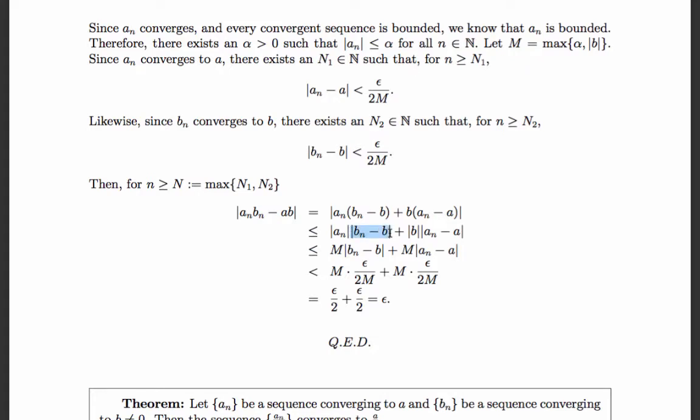Now, I know that this term here is less than or equal to epsilon over 2M, and this term is less than M. This term is also less than M, because remember, M was the max of either the absolute value of B or the upper bound of the absolute value of A_n.